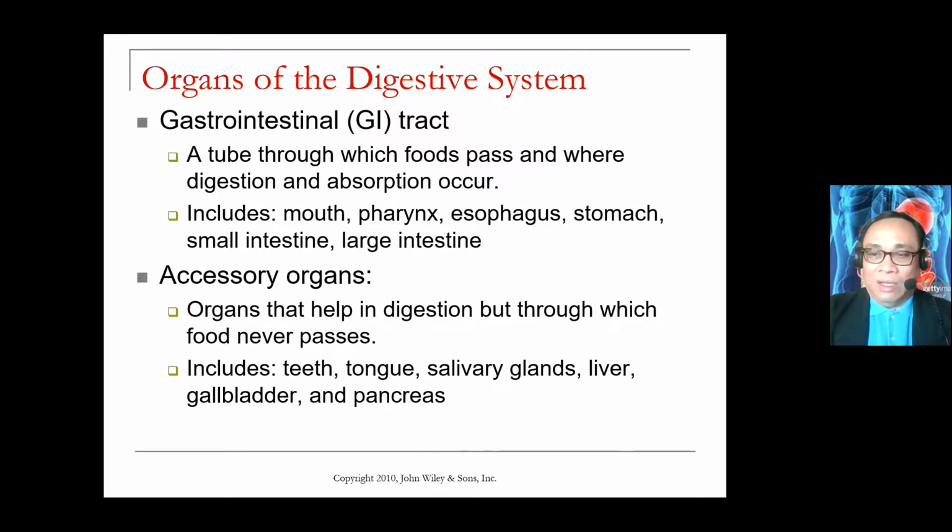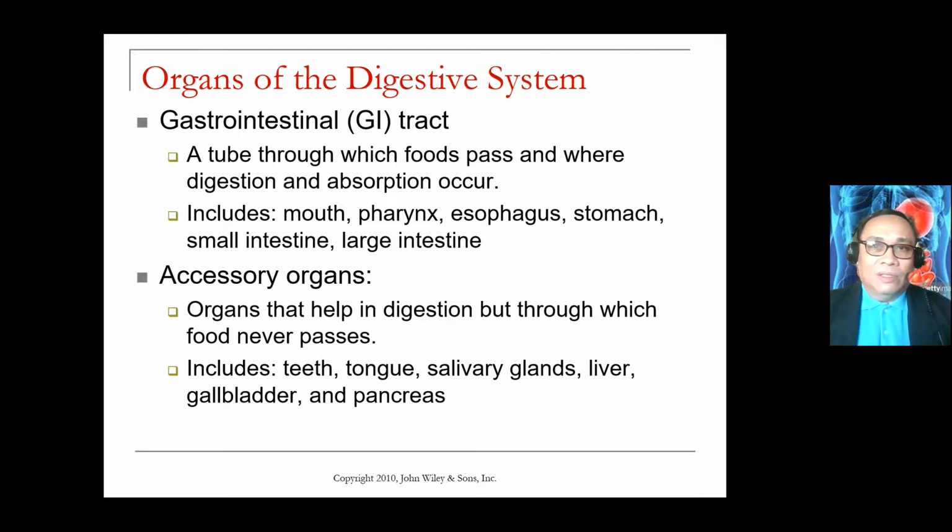But as the organism becomes more complex, the term gastrointestinal tract becomes more appropriate. So it is the tube where food passes through and where digestion and absorption occur. And this includes the mouth or the oral cavity, the pharynx, esophagus, stomach, small intestine, and large intestine.